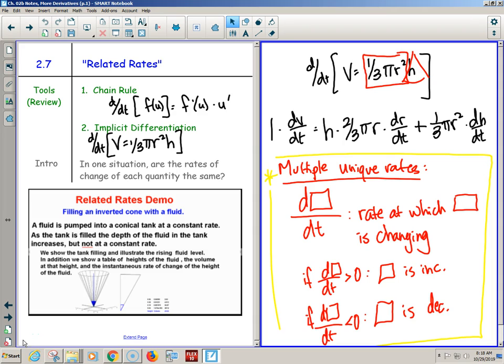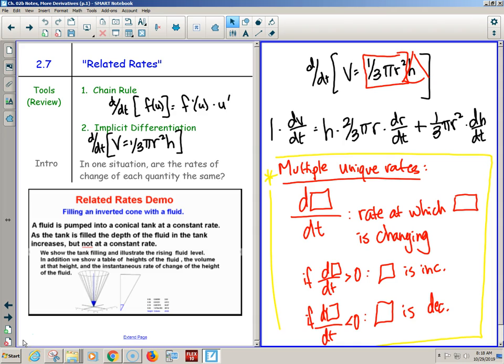Whenever you see this, it's a derivative, so it must be a rate, right? In context, it's the rate at which the box is changing. And we talked about that's how fast or the rate at which volume is changing, radius is changing, height is changing. And if that rate is positive, the quantity, whatever it is, must be increasing.